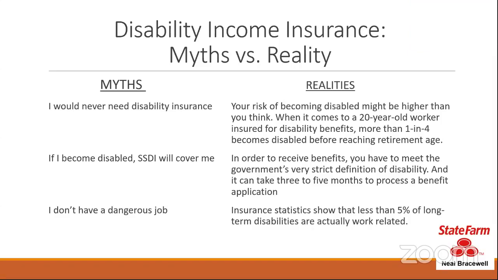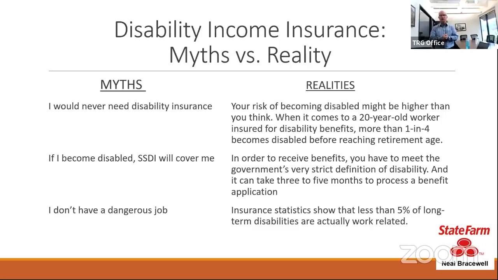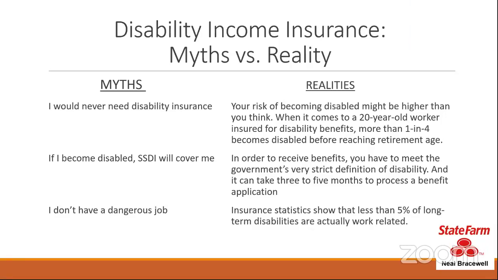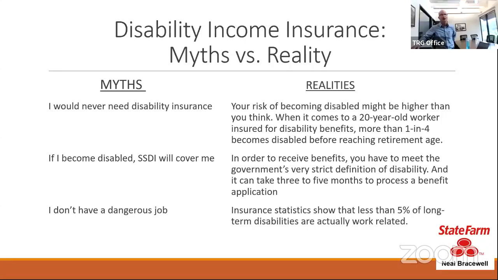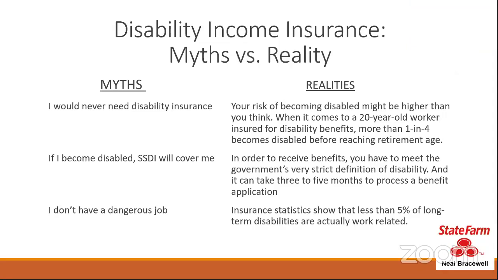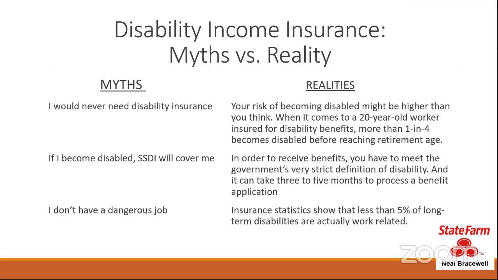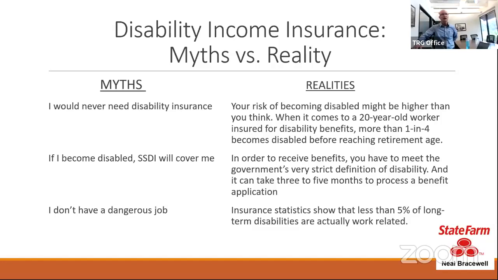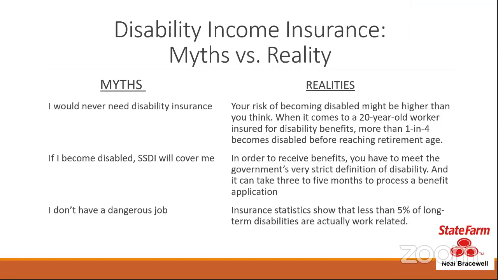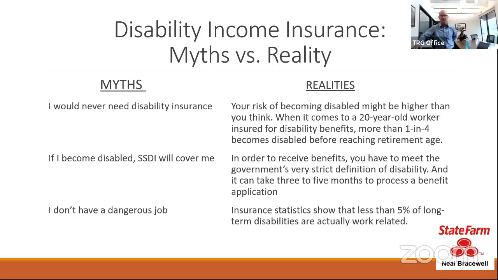So a lot of people always want to get life insurance. Life insurance is definitely important, but the chances of you dying while you're working are much less than becoming disabled. So disability insurance is very important. Social Security disability income will cover you, but you know, we can see working with the government is not the easiest thing in the world.